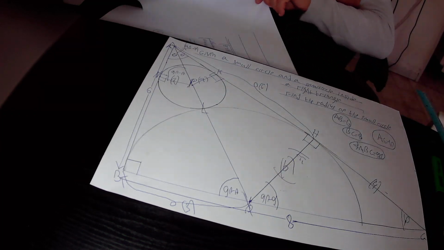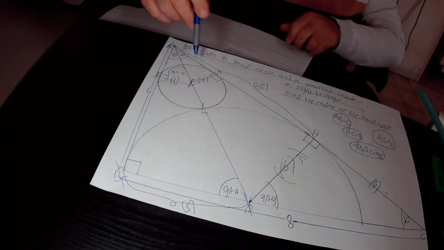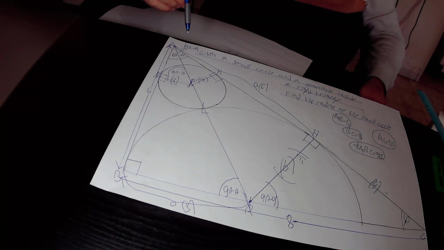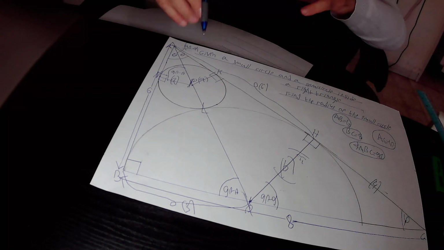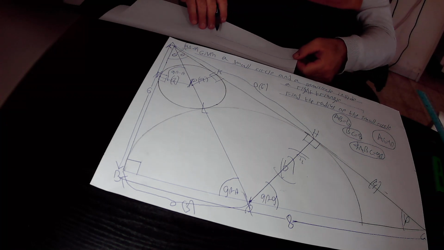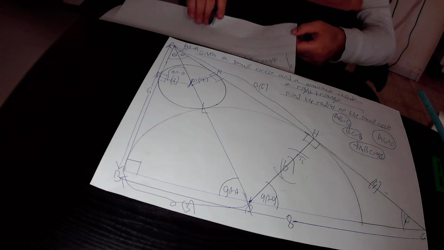So we actually found out that all the angles of the big right triangle ABQ are correspondingly equal to all the angles of this right triangle ANP. Therefore, the two right triangles are similar to each other according to the angle similarity rule. So I write it down.